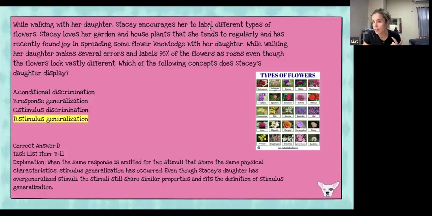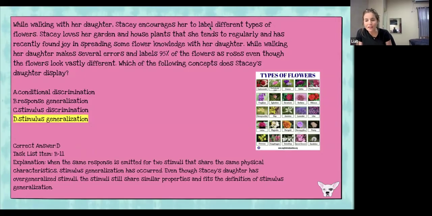Yes, she makes an error, and it's due to stimulus generalization where there's overgeneralization. When the same response is emitted for two stimuli that share the same physical characteristics, stimulus generalization has occurred. Even though Stacy's daughter has overgeneralized, the stimuli still share similar properties and fit the definition of stimulus generalization.